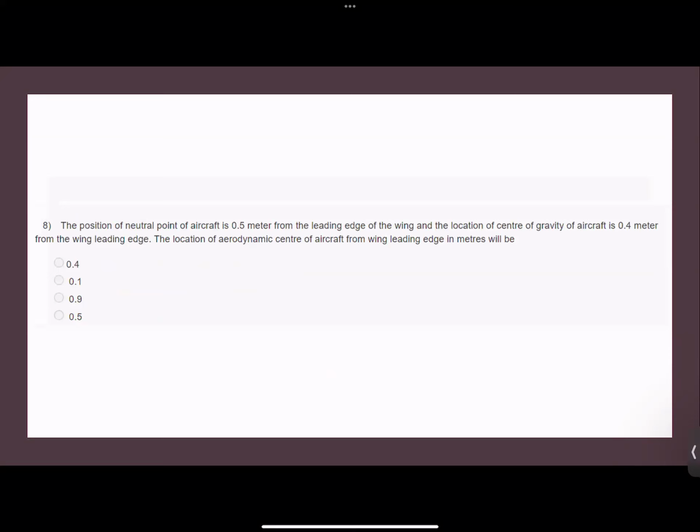The position of neutral point of an aircraft is 0.5 meters from the leading edge of the wing. And the location of center of gravity of the aircraft is 0.4 meters from the leading edge.